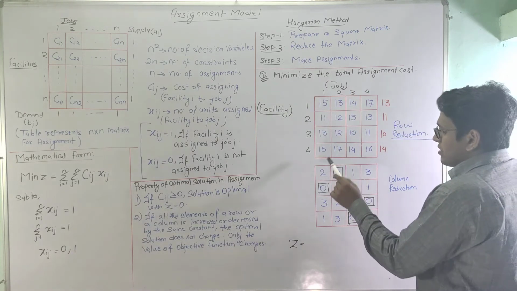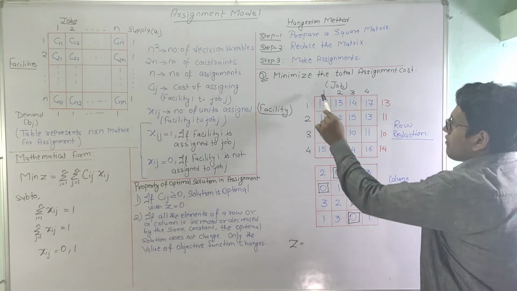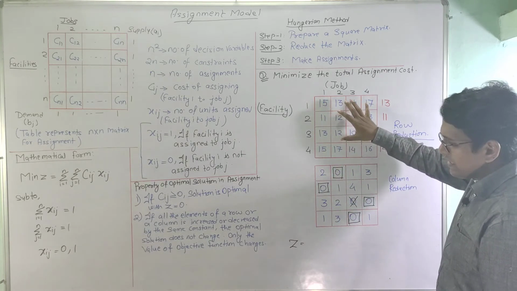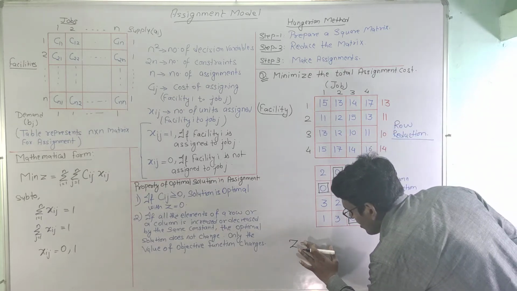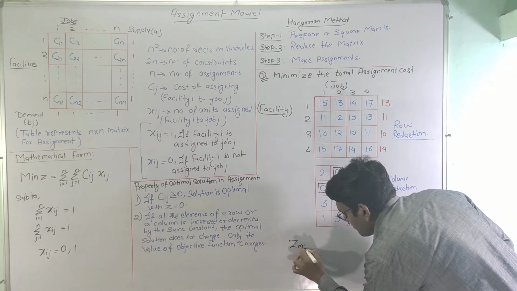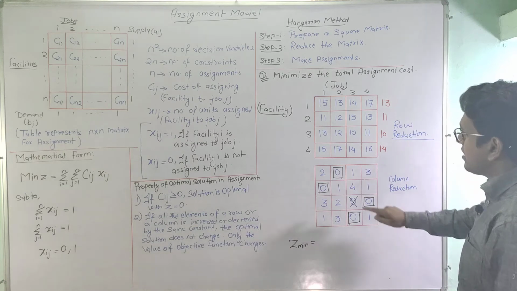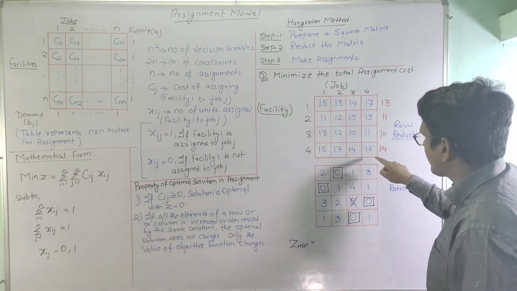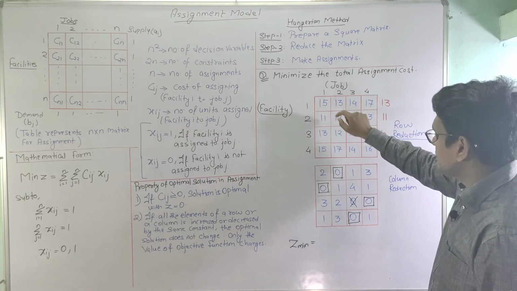So this is optimal for this matrix also. And to find out the value of z minimum here, we will see the values in the original cost coefficient matrix.